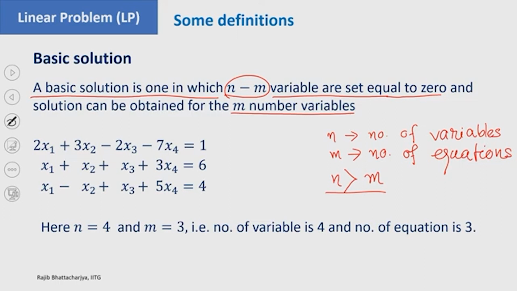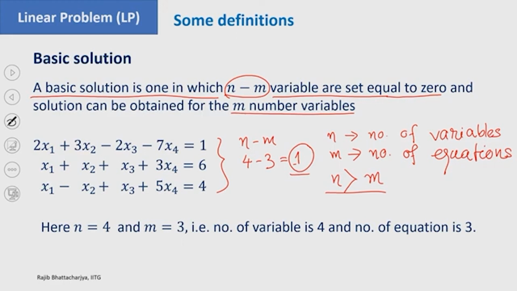So, let us take this example problem. Suppose there are 3 equations and the number of variables is 4, that is x1, x2, x3 and x4, and we have 3 equations. So, n minus m, in this case 4 minus 3 equals 1. So, one variable is set equal to 0 and we will try to find out the solution of the problem.